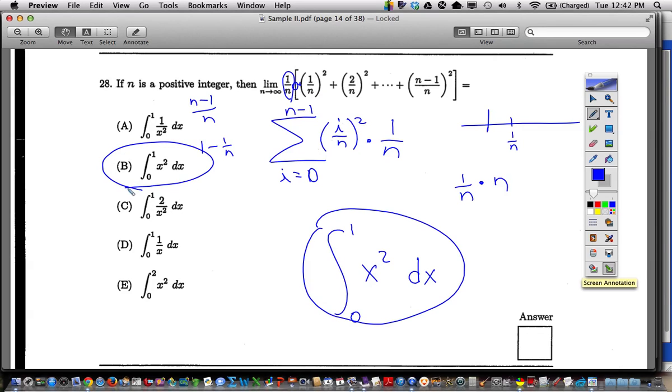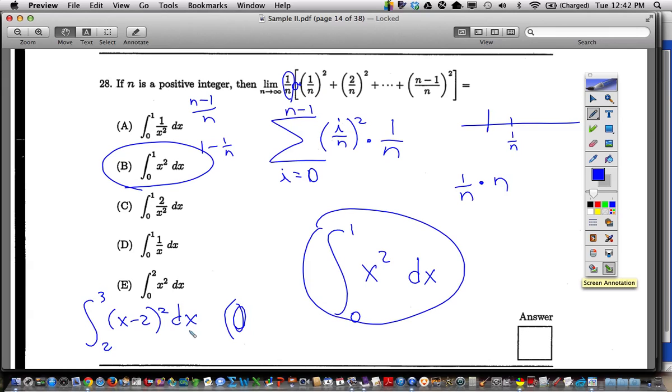But here's the thing you got to keep in mind, is that on a multiple choice question, they could have done this to you. They could have not had that even be in there, and they could have given you this integral. They could have had this be one of the choices, and it would have been that, right?